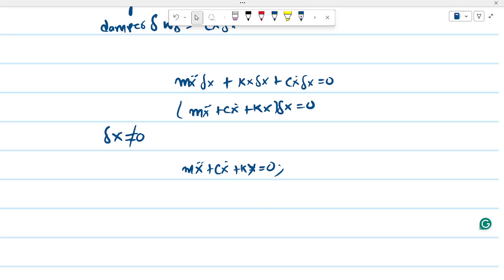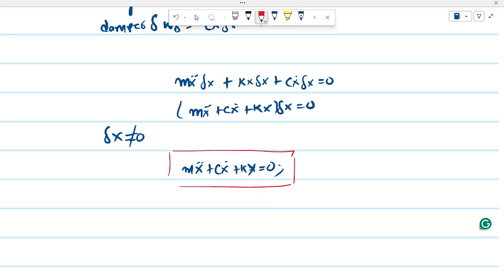This virtual work method is good for multi-degree of freedom systems, especially for building structures. It can be used in finite element analysis. So those are the different approaches to derive the equation of motion, and all of these methods will take you to the same equation of motion.